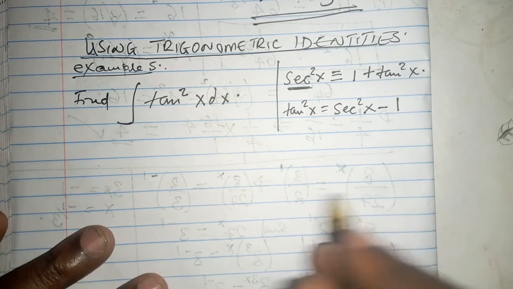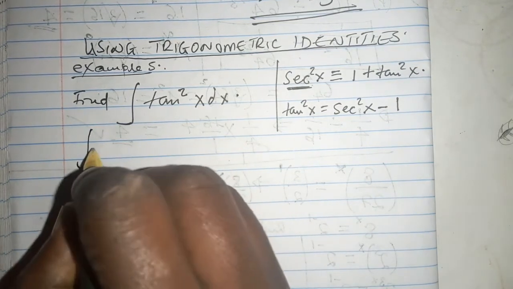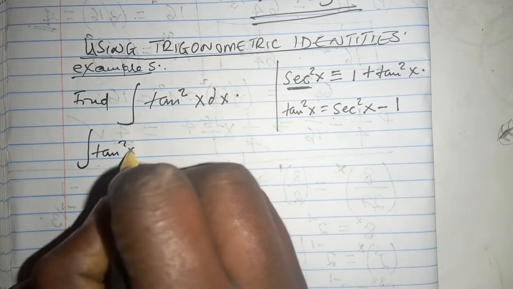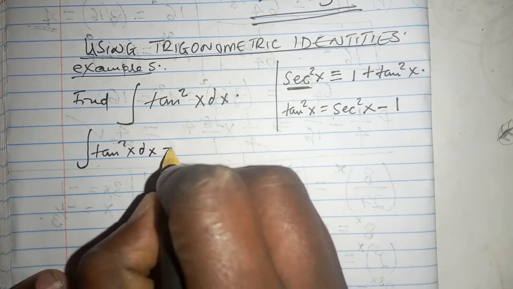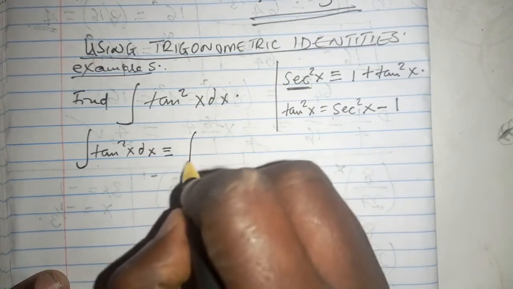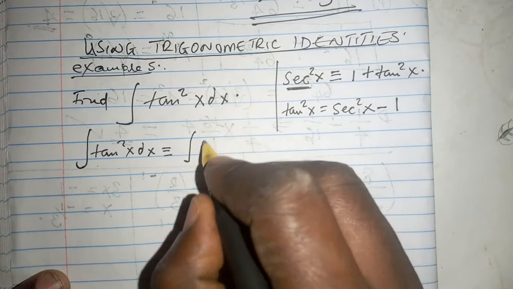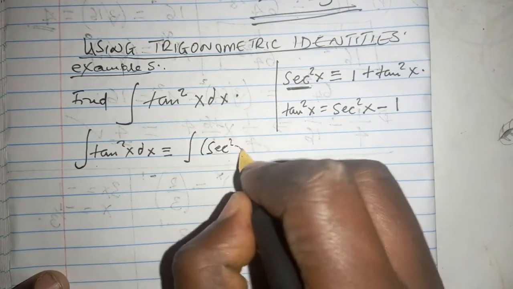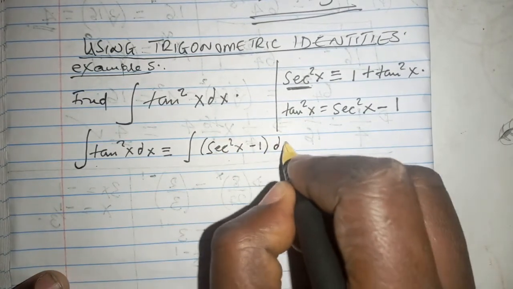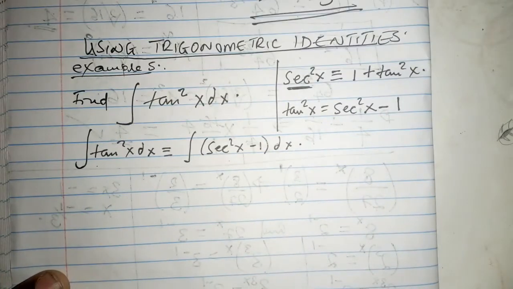So the integral of tan squared of x with respect to x is exactly equal to the integral of sec squared of x minus 1, with respect to x.